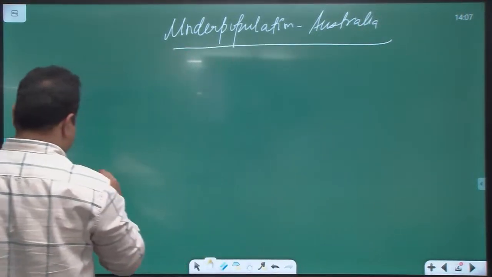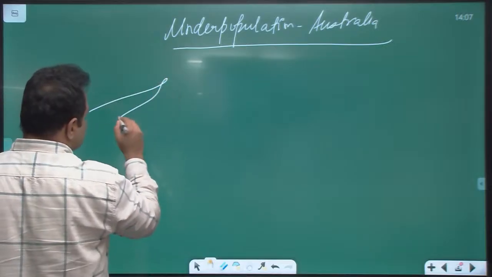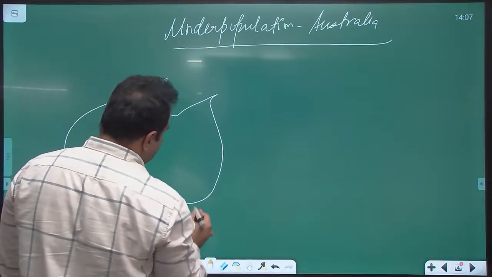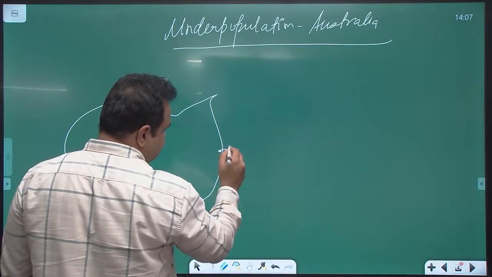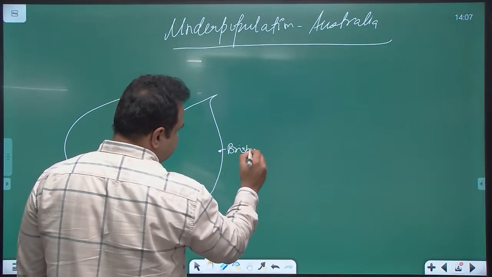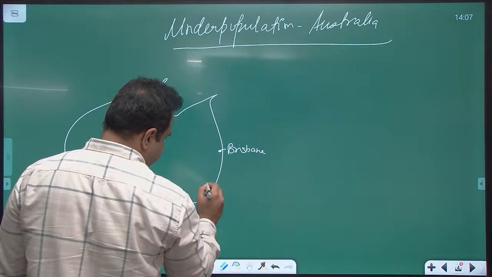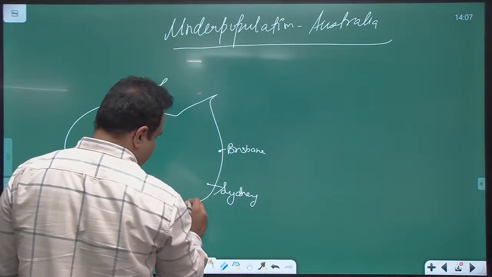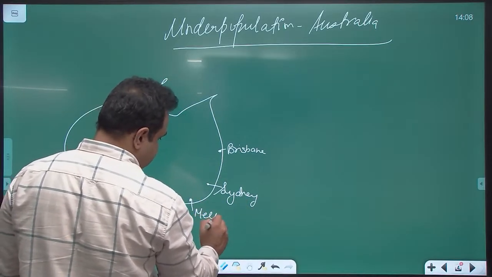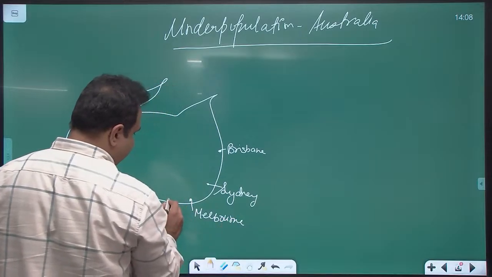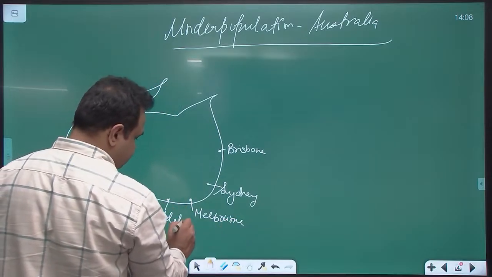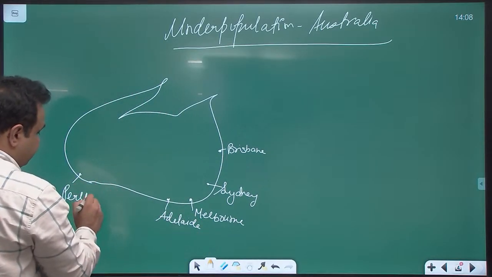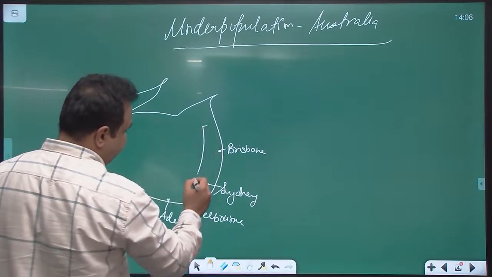तो एक मैप बना लेंगे आप. We have Brisbane here, Sydney, Melbourne, Adelaide, Perth, and we have a Great Dividing Range.